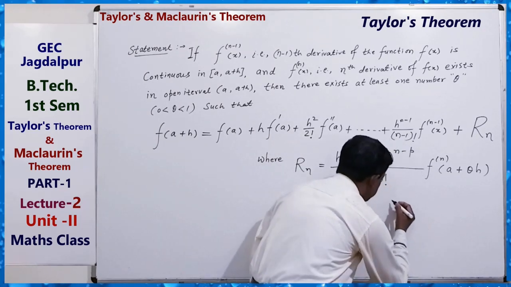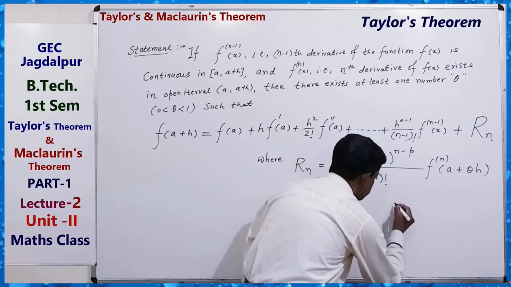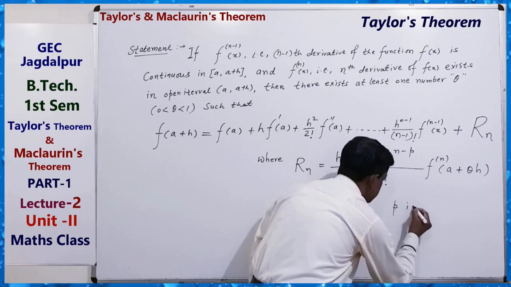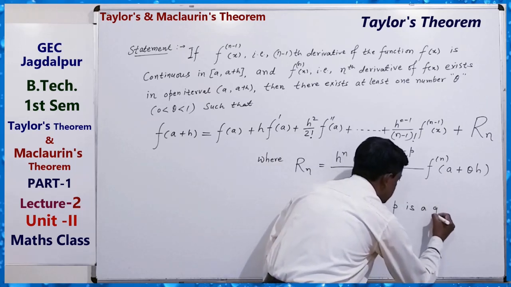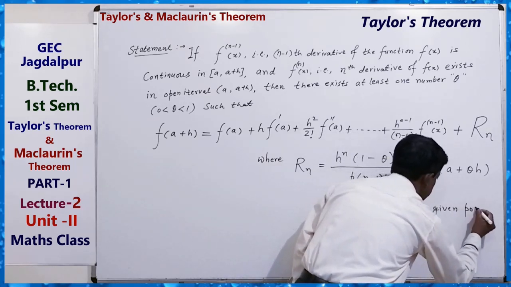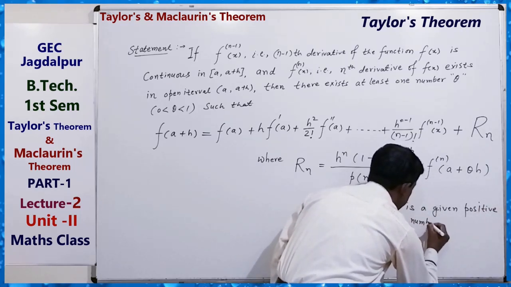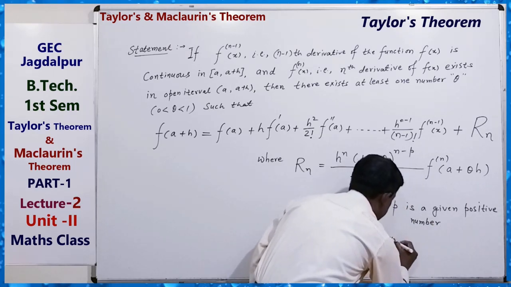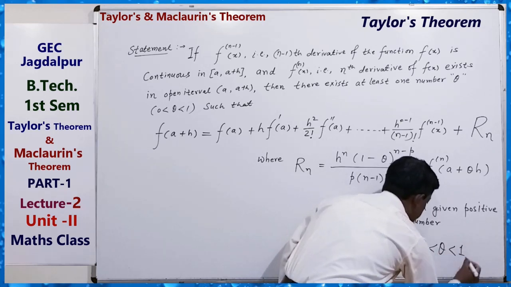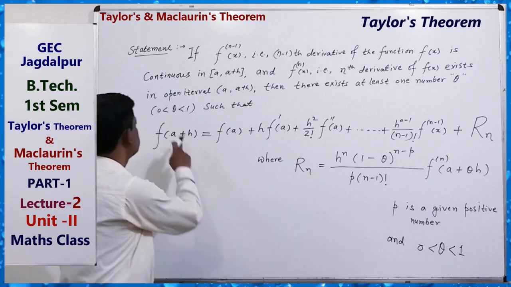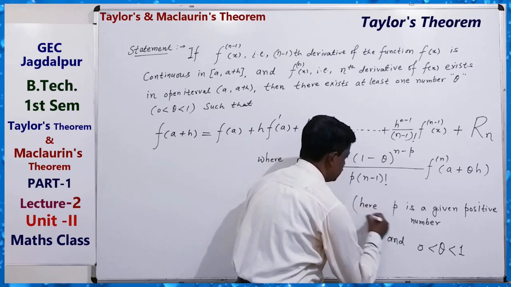Here p is a given positive number, and theta lies between 0 to 1.